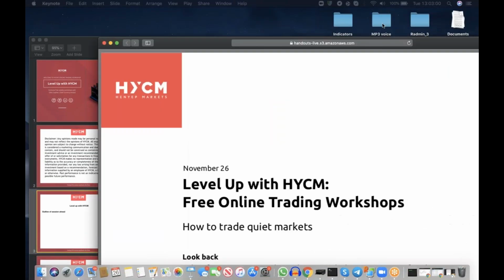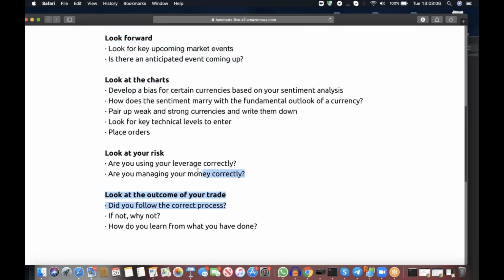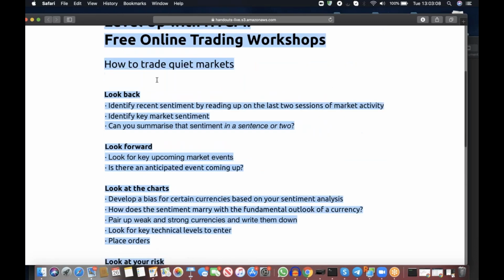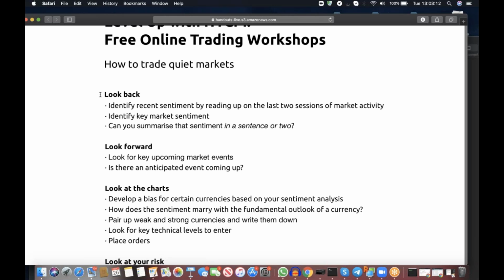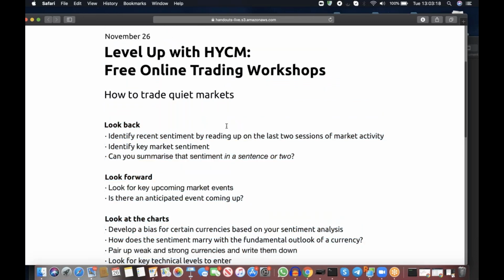This handout I have thought about to be useful in that it's just one side of A4. You print it out, put it by the side of your desktop, and what a professional trader does is encapsulated under these 5 different headings. As you put that into practice, you will find that more and more helpful.